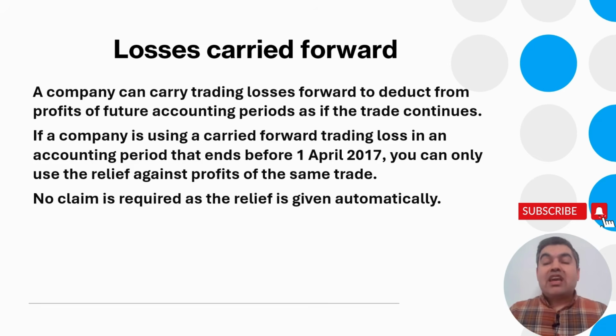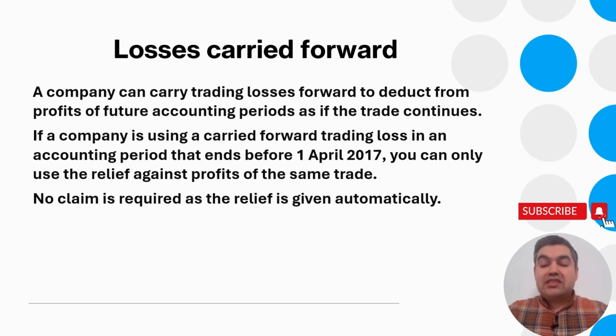When it comes to carry forward, if you don't touch these losses, they will be automatically carried forward. It means you don't have to do anything. Just don't tell HMRC, and if there is a loss in the current accounting period, it will be automatically carried forward. You don't have to do anything. You have to do something if you are using part of the losses against the current accounting period profit.